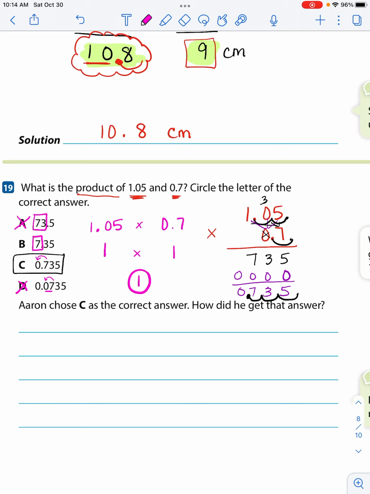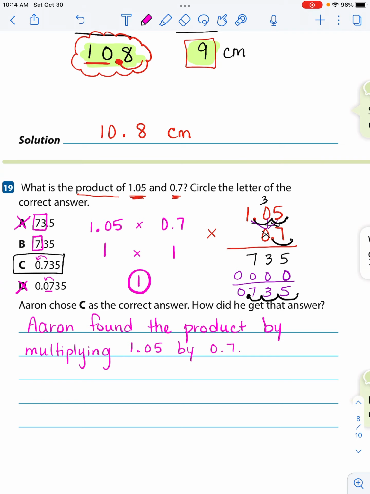So even if you just wanted to respond, Aaron found the product by multiplying. They're just trying to prove that you know that the word product means to multiply, by multiplying 1 and 5/100 by 7/10.